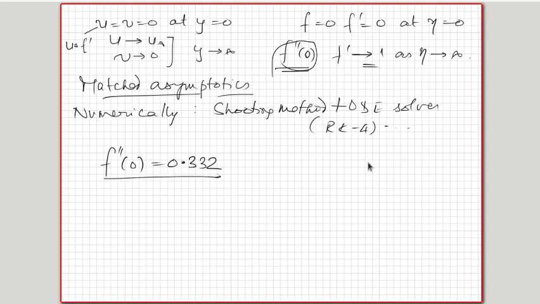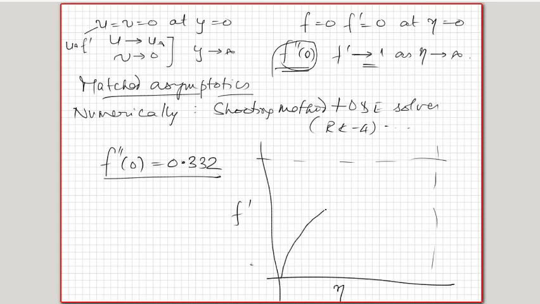Once you do that, you will be able to plot, if I plot eta here and f prime here, where this is, let's say, f prime equal to 1 and this is, let's say, eta equal to 1, then the boundary layer profile should go and meet here.